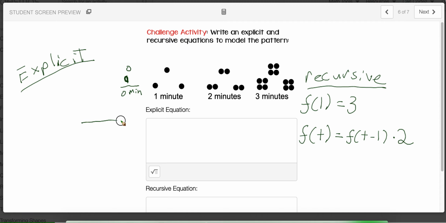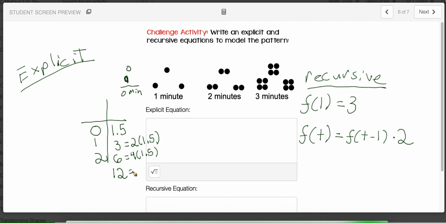And sometimes the table helps us here. So we have 0, we have 1.5, then we have 3, then we have 6, then we have 12. So as this starts to continue, we see that we have 2 versions of 1.5. Here we have 4 versions of 1.5.